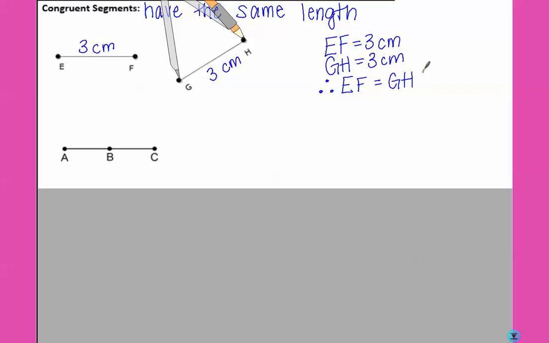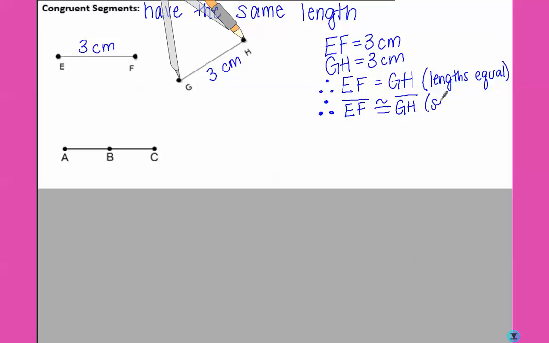And this is saying that their lengths are equal. Well, since their lengths are equal, we can make the conclusion that segment EF is congruent to segment GH.